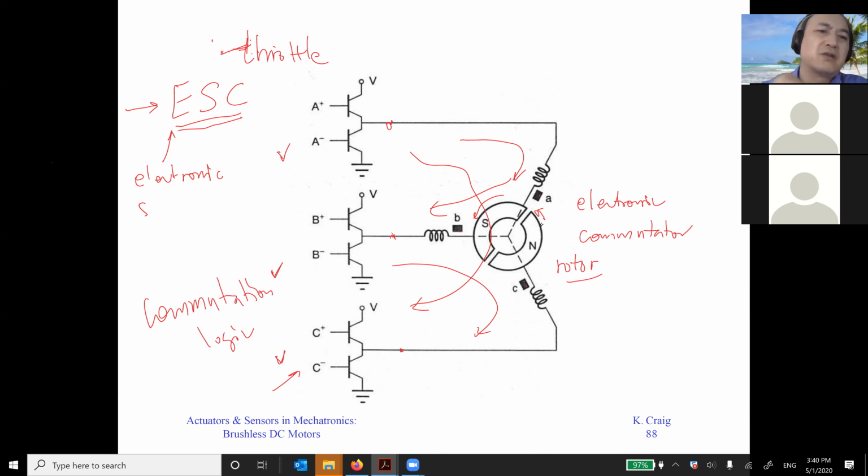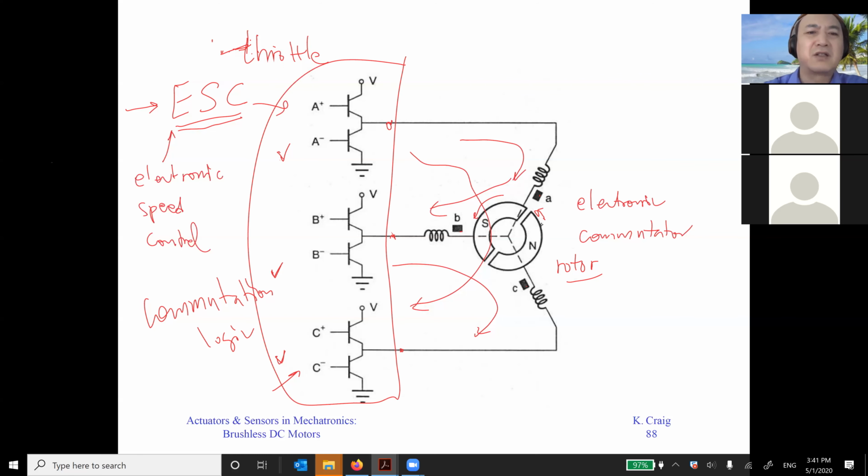Electronic speed control. You hook up these terminals binding here. So this is ESC. There are a lot of electronics inside. I don't think you need to understand all the ESC internals, but you want to understand the working principle, which is a rotating magnetic field.